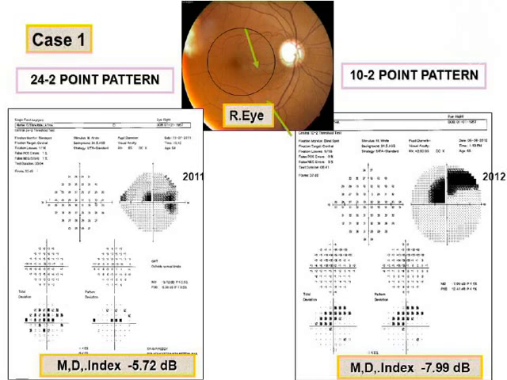You see, this is the field, and the mean deviation is 5, and the mean deviation is 7. In the first visit, only 24-2 was taken. This is the 10-2. And this is the 24-2.